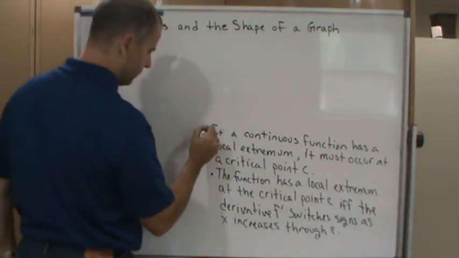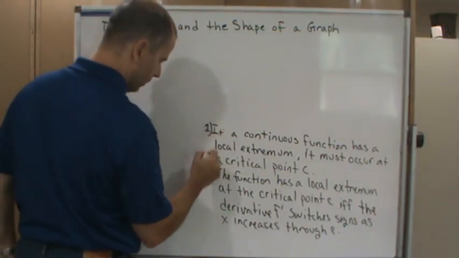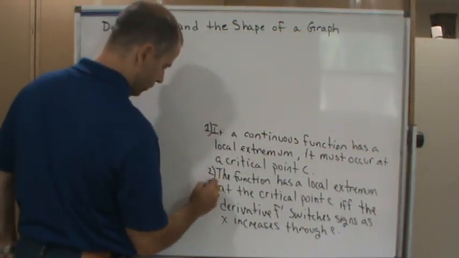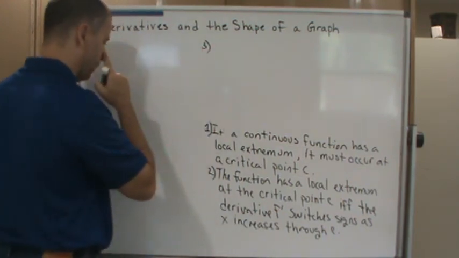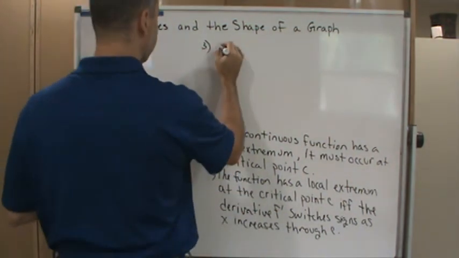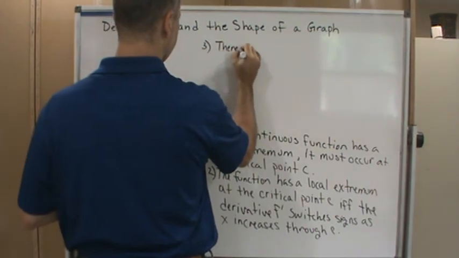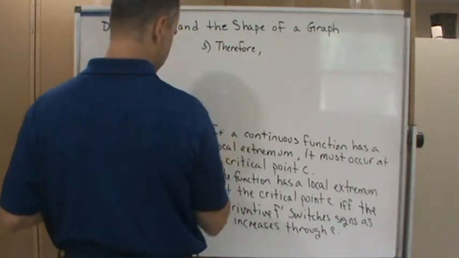So let's make this number 1. This would be number 2, and we'll put number 3 up here. So it says, this is like the conclusion from 1 and 2.